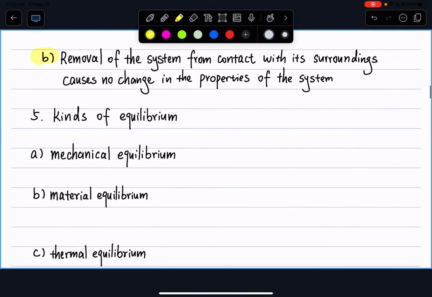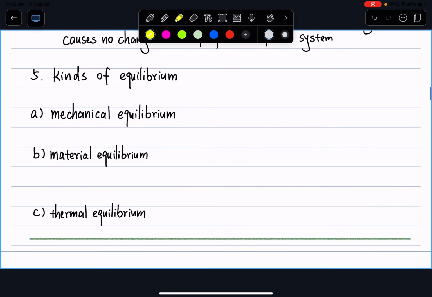Okay, so with that in hand, we have different types of equilibrium. I promise you this is the end of it. We're almost there. We have different types of equilibrium, depending on how many of them are being checked. If all of them are being checked, we say we have thermodynamic equilibrium.